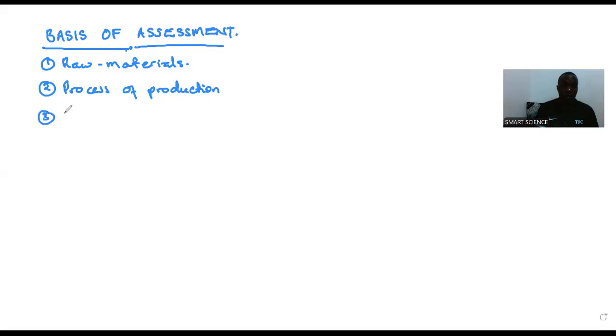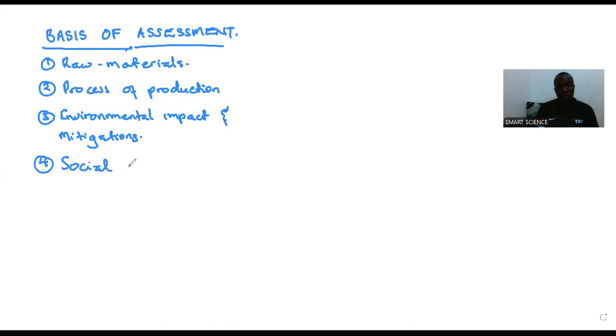Three, I would like to see the environmental impacts, and this one comes with mitigations. And lastly, our responses are going to be directed towards the social benefits.